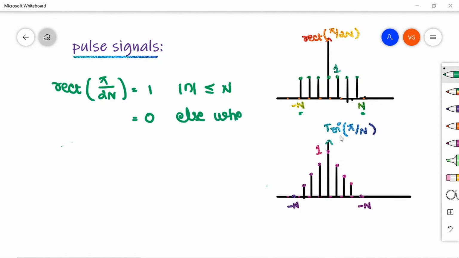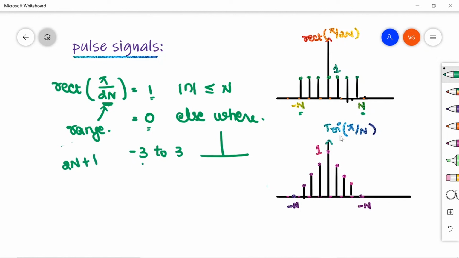Here, this 2N in the denominator indicates the range of the signal. In that particular range you have an amplitude of 1, elsewhere it is 0. Suppose the signal that you need is from -3 to 3. Then totally 2N plus 1 pulses will come, that is 3 plus 3 is 6, plus 1.